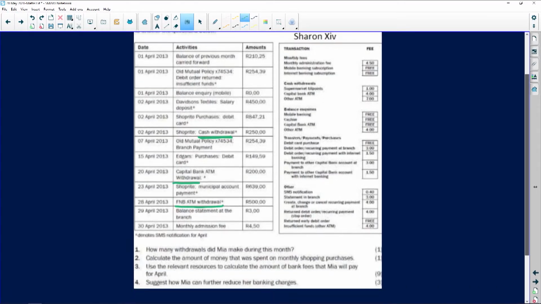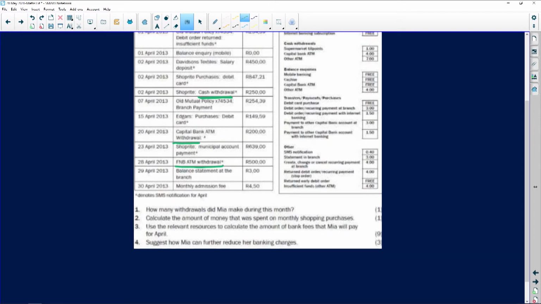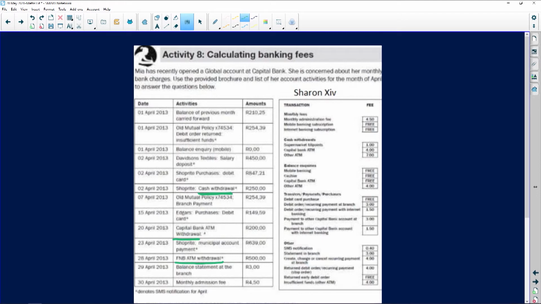The next question asks for the amount of money that was spent on monthly shopping purchases. So we're going to look for all the monthly shopping purchases, and we can use yellow for that. Shopping purchases that we can see are a purchase at ShopRite of that amount, which we are going to add, and another one made at Edgar's for 159 cents.